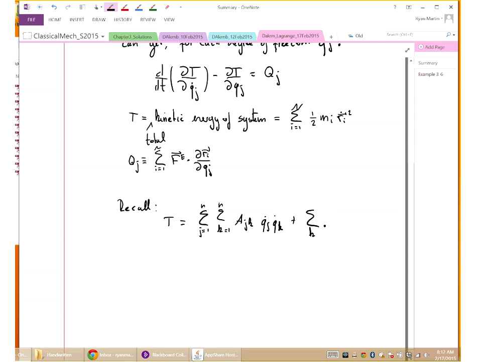And then there could potentially be a term that's just linear in the velocity, and then there could be a constant term. So, very general, we can always write the kinetic energy in terms of the generalized coordinates.